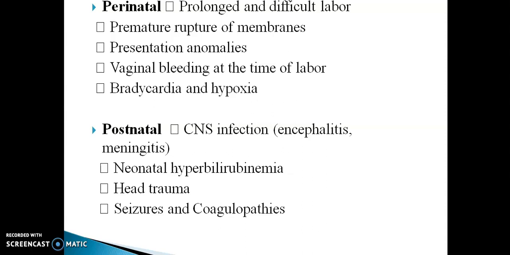All those are the five important risk factors for postnatal causes of cerebral palsy: CNS infections, neonatal hyperbilirubinemia, head trauma, neonatal seizures, and coagulopathies.